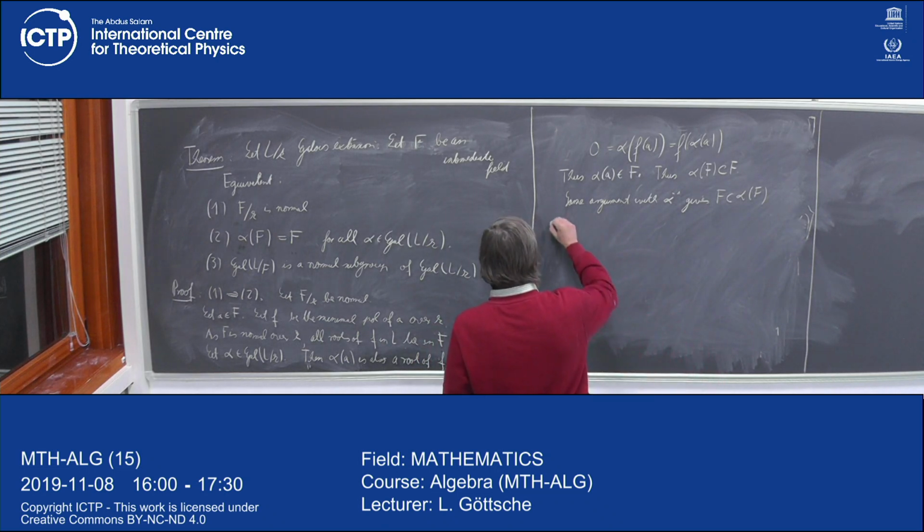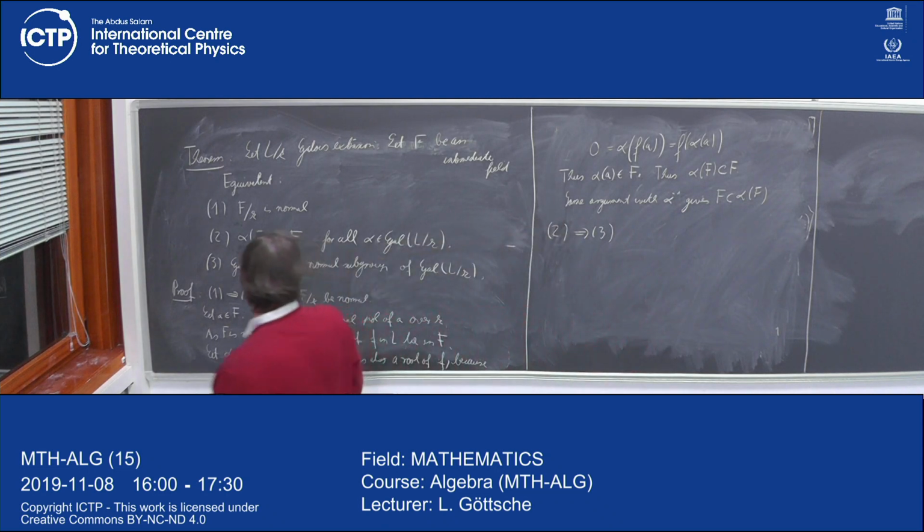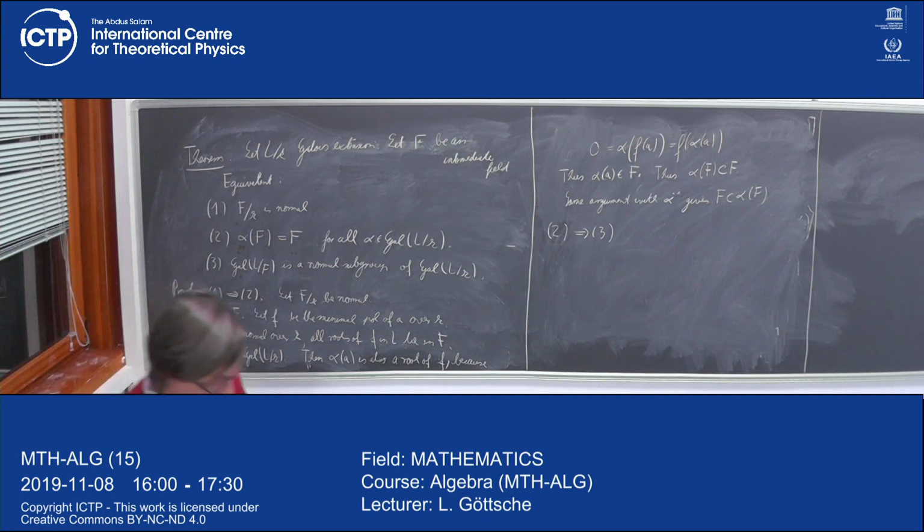So now we go from 2 to 3. We assume this statement, and we want to show this is a normal subgroup. That's almost obvious by the lemma we just proved.